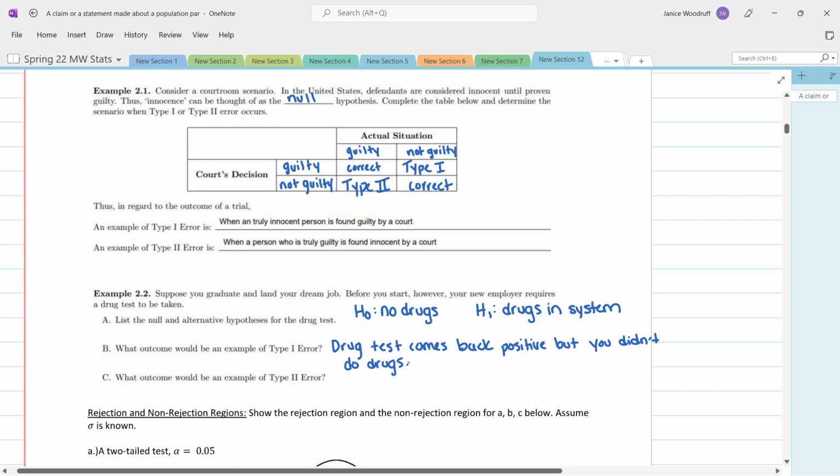Or in other words, a false positive. A type 2 error would be the opposite. You did drugs, but your drug test came back clean.